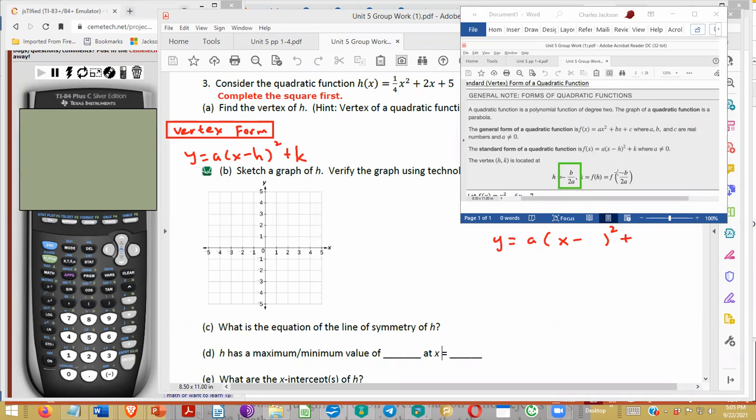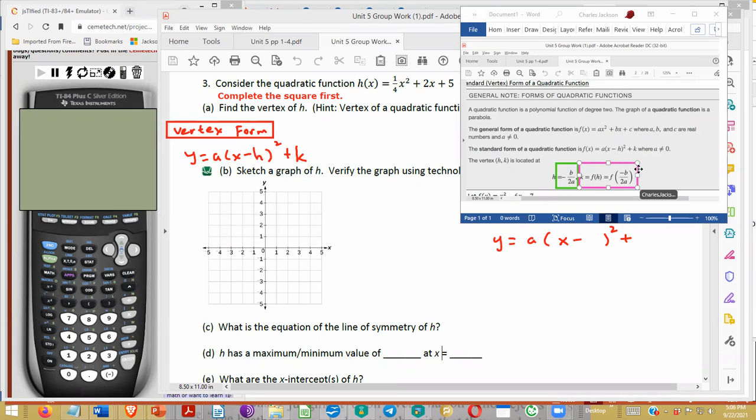And the second something is the k, which is all of that. There's a formula which will give us k, which we will substitute into the vertex form.